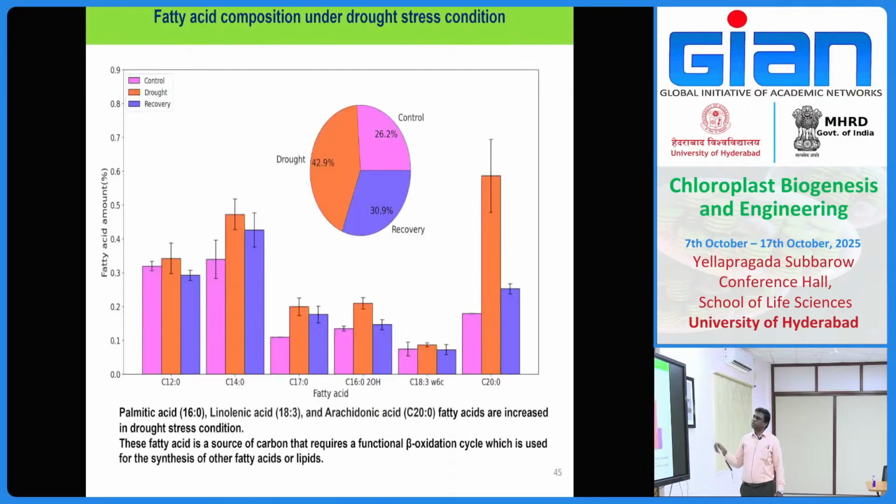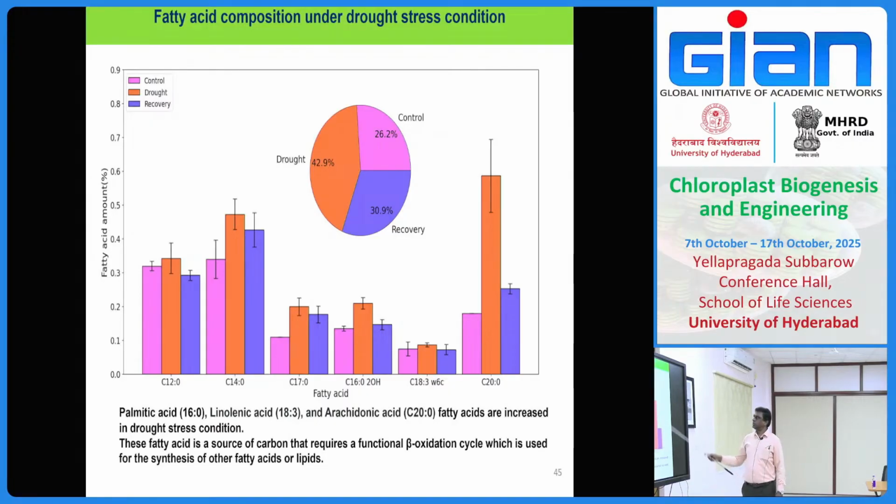We also did fatty acid analysis and showed control, recovery, and drought, which significantly increased the fatty acid composition by 42%. When the fatty acid is degrading, that means beta oxidation happens, and there will be a lot of ATP molecules. The energy generated is utilized by the plant to cope with the stress.